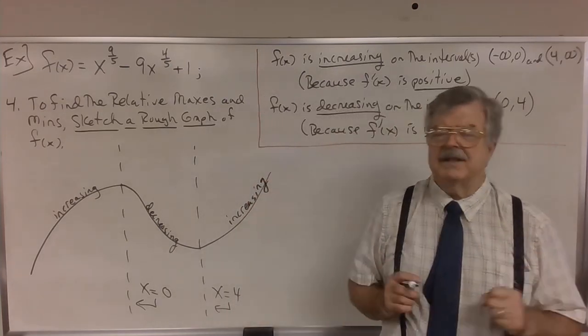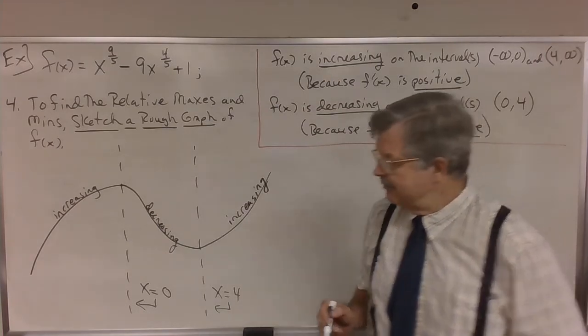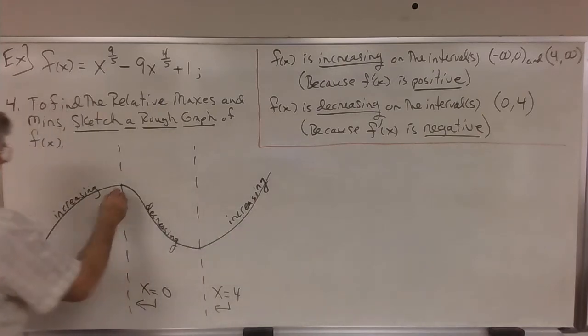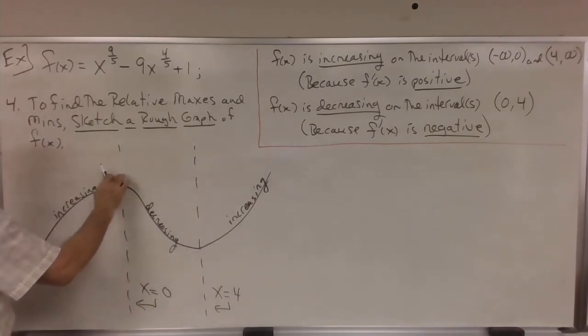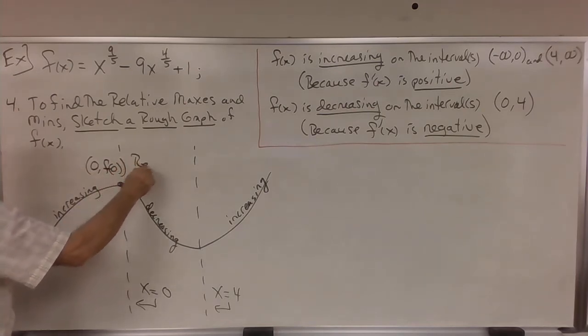And to find our relative maxes and mins, we just look at the graph and find them by inspection. X equals 0, f of 0, that's a relative max.